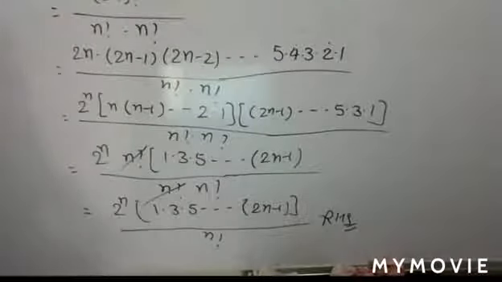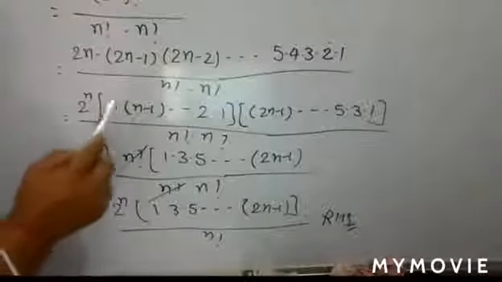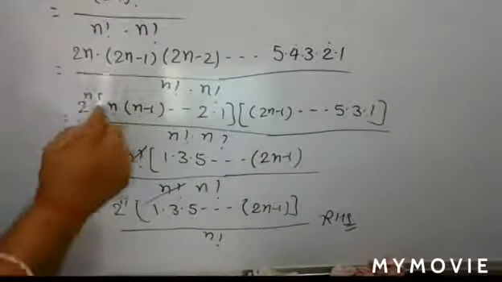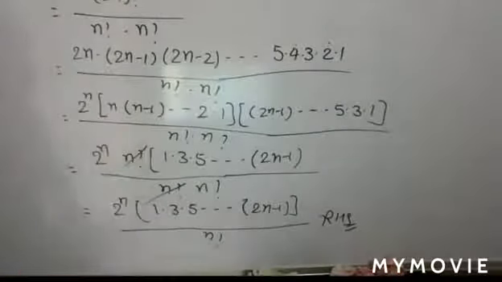Any doubt? Can you explain 2 to the power n once more? Okay, okay, son, it is like this: here you have n even terms, the total number of even terms is n, and from each of the even terms you can take 2 common.